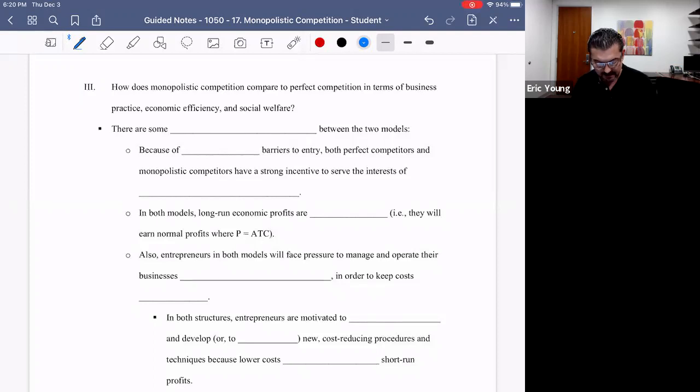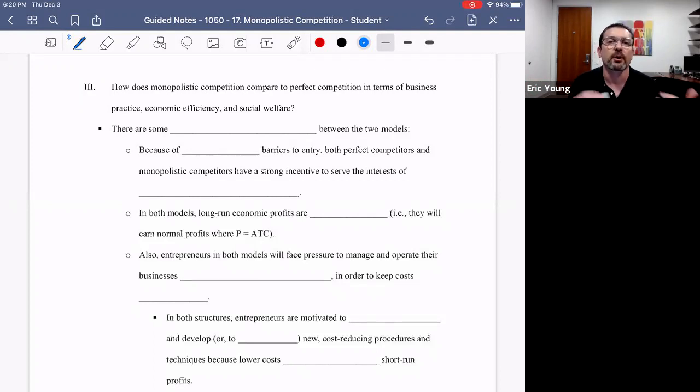And we learned that in the MC structure, because of low barriers to entry, there's going to be entry in response to profits, exit in response to losses, and this will leave us at a long run equilibrium where P equals ATC. So now you know how to make the decisions for profit maximizing for MC.